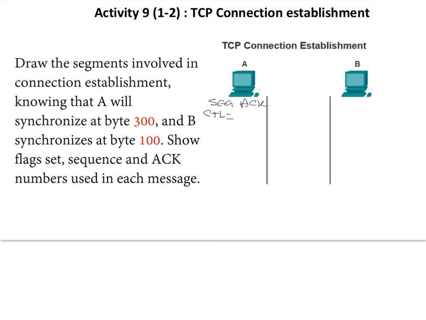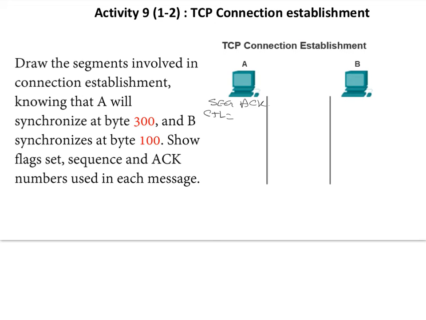Okay, so if I want to establish a new connection, I want to use the sync flag. If I want to establish a connection and at the same time acknowledge a message, then I need to set two flags, the sync flag and the acknowledgement flag, and so on. Okay, so just to organize things, put the sequence numbers and acknowledgement number in one line and the control flags in a separate line, just to make it clear.